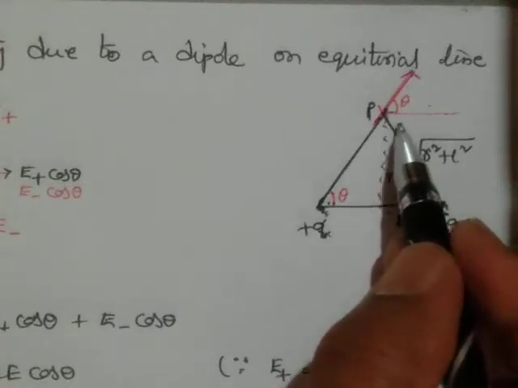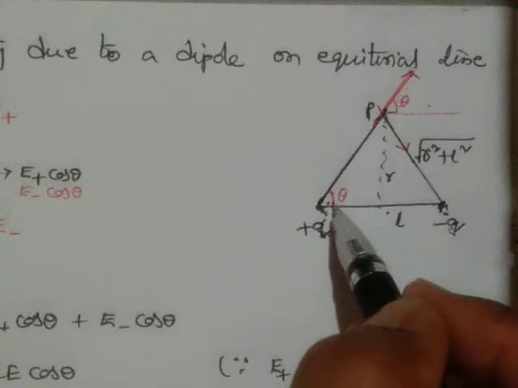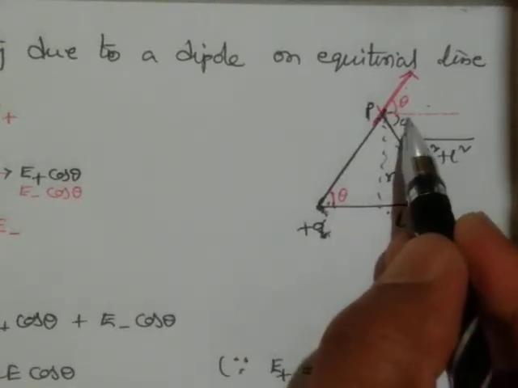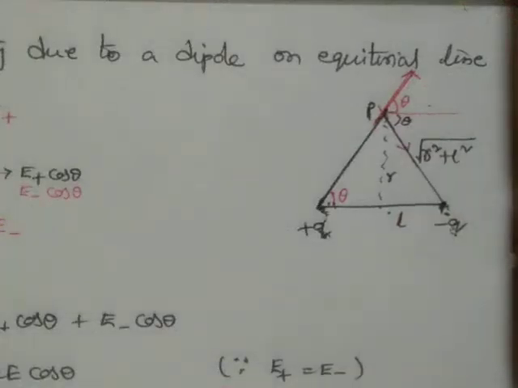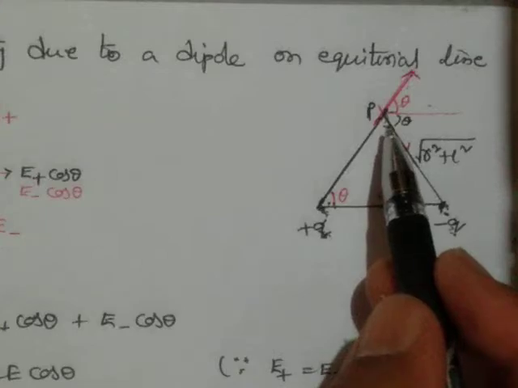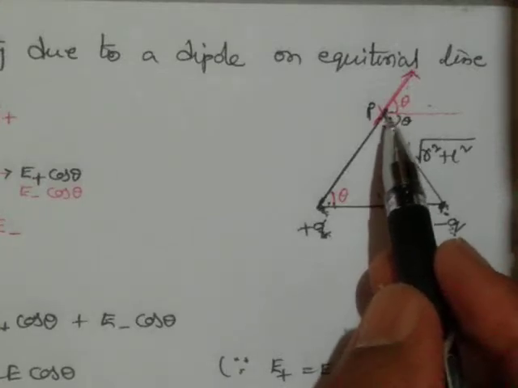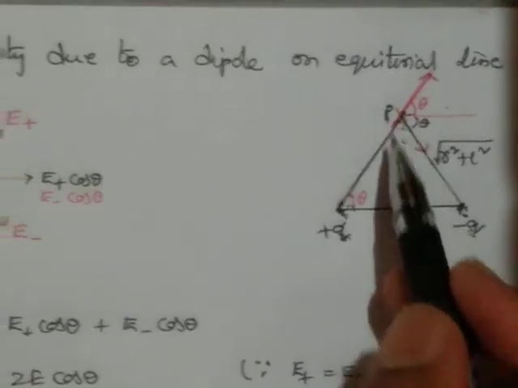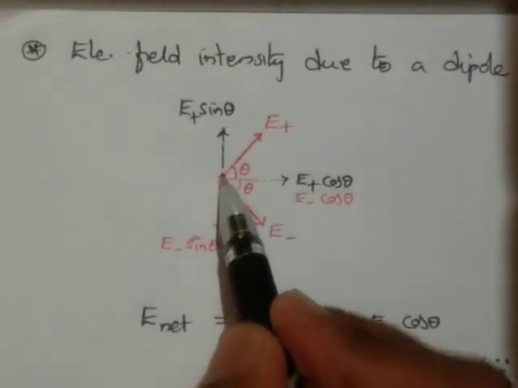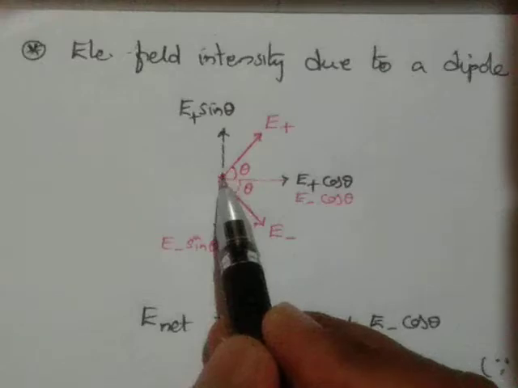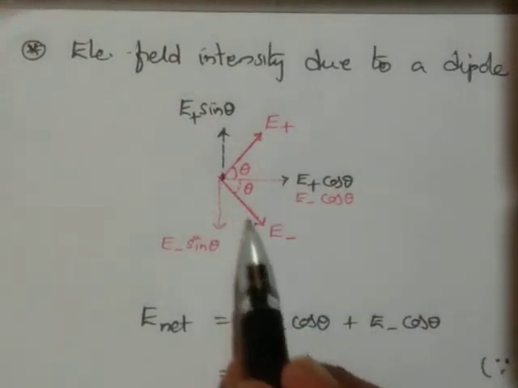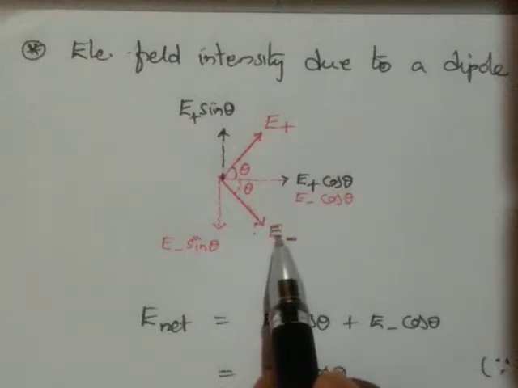By simple mathematics, the theta is here, as well as the theta is the same here also. Very simple. So I'm just drawing what you can say, in other words, the free body diagram. So the total field intensity at point P is like this. Due to the positive charge, the field intensity is radially outward, and due to the negative charge, the field intensity is towards the charge.